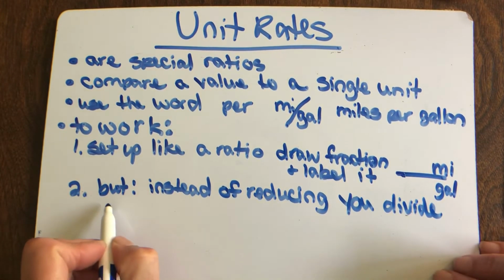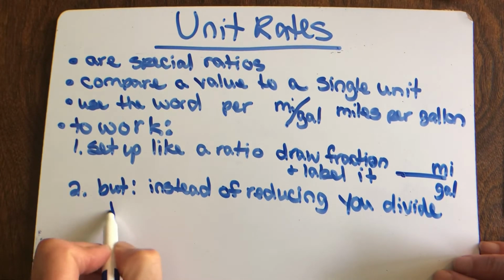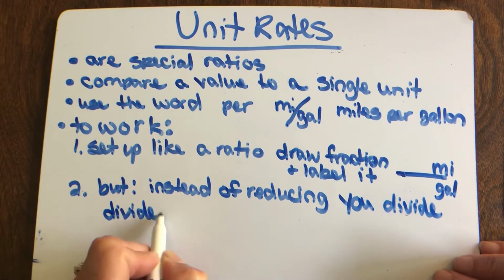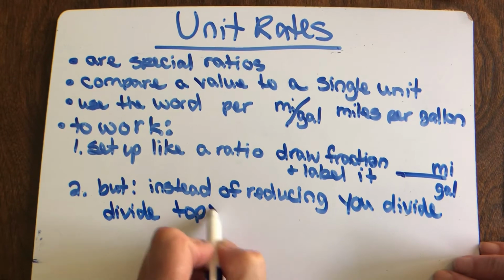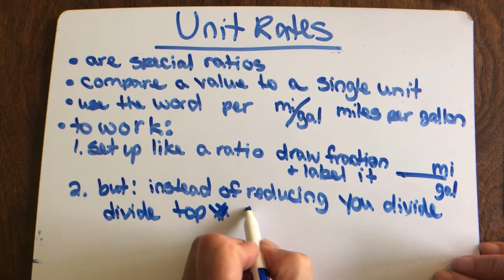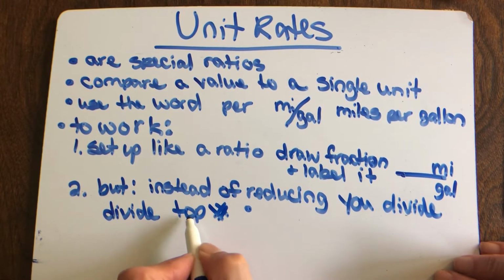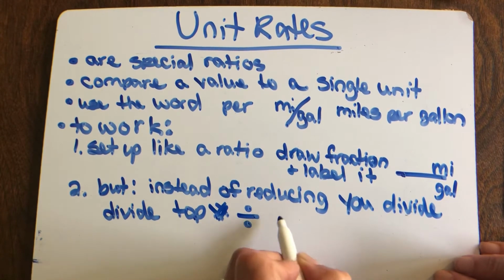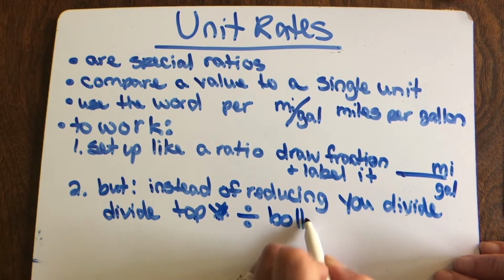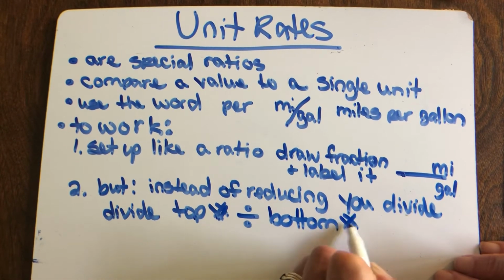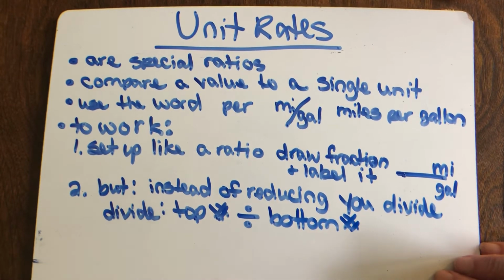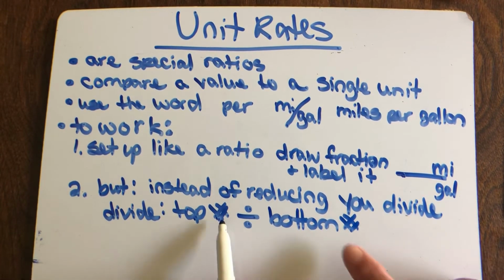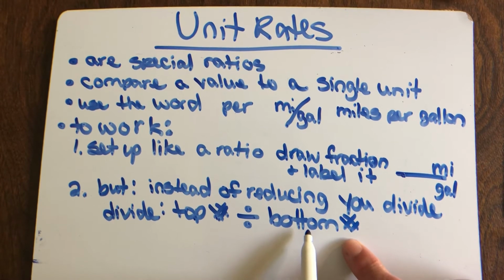So you will divide the top number, well, let's just say it like this. Top number divided by bottom number. Okay? So that's what you're going to actually put in the calculator.